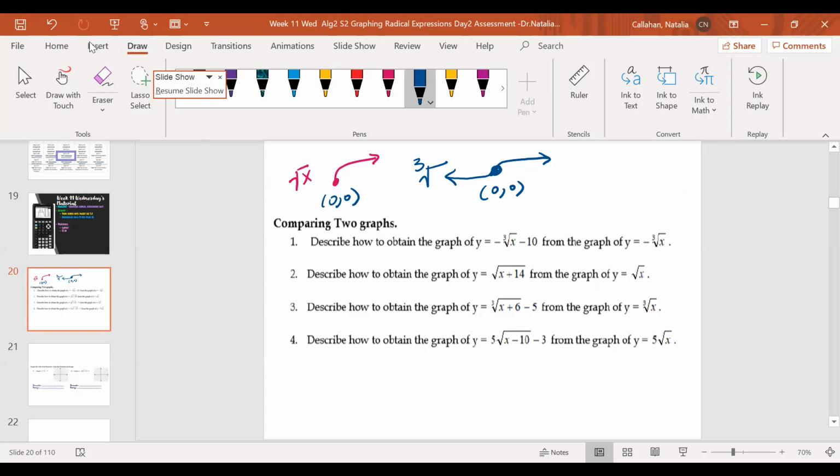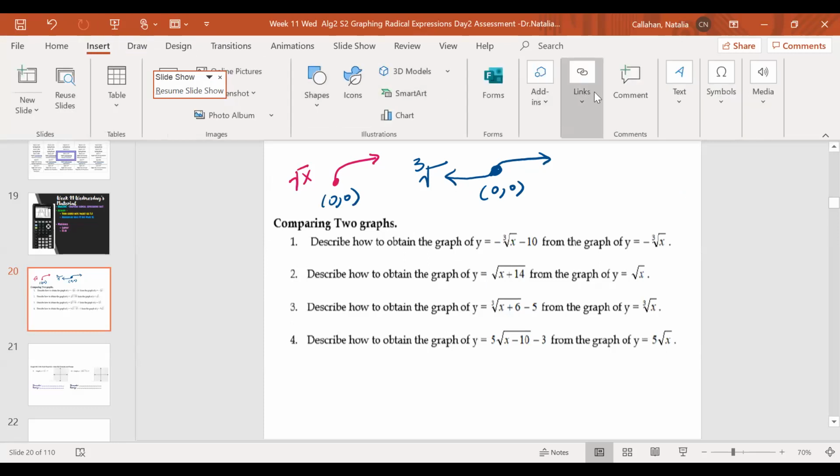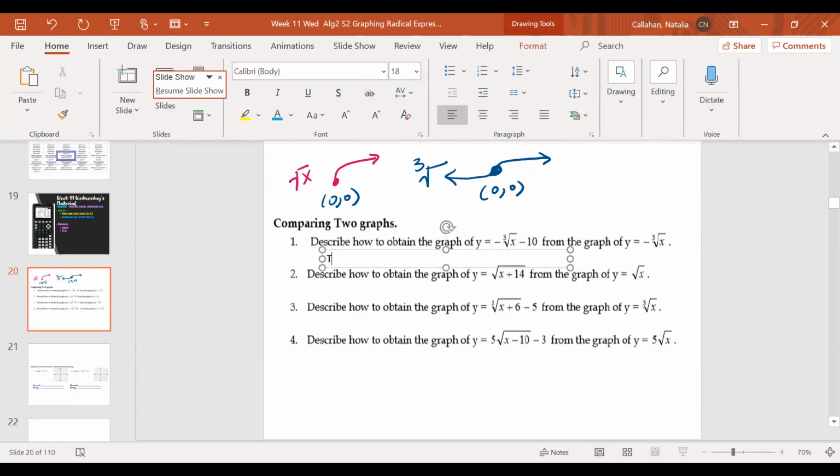So what you're going to do, and I'm just going to type it up here, is write something like: the graph is translated 10 units down. It's translated 10 units down. It's moved 10 units down. Let me change that color. There we go. Make it a little bit bigger, maybe.